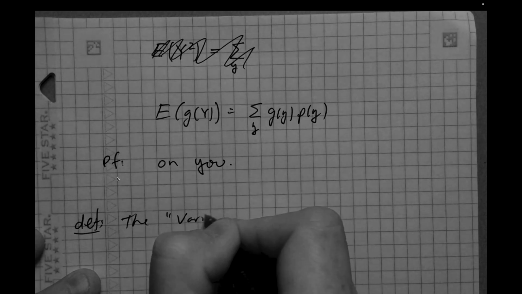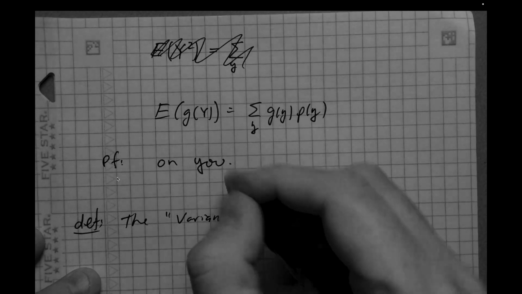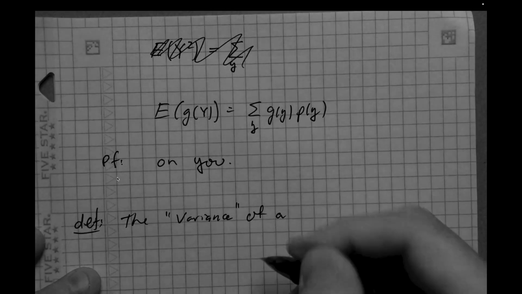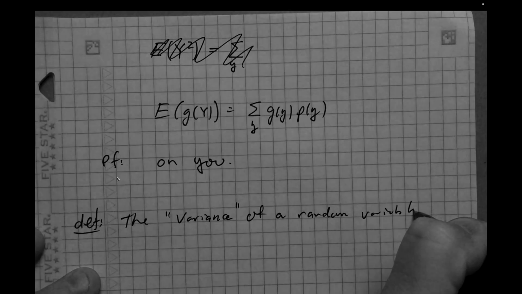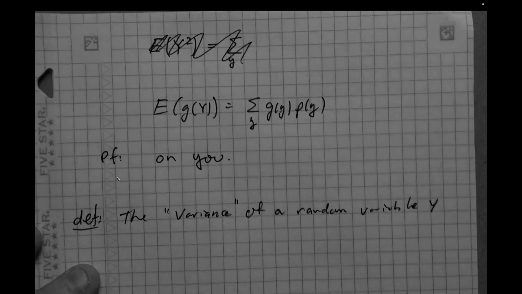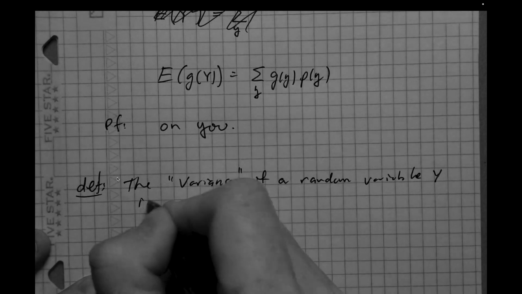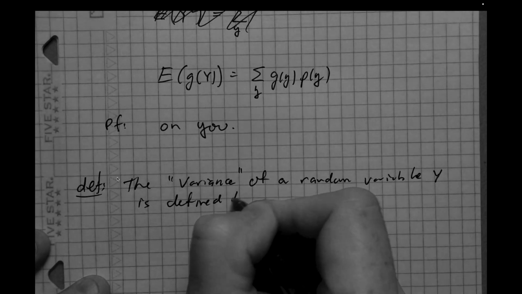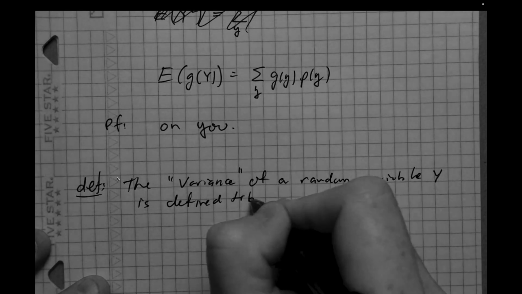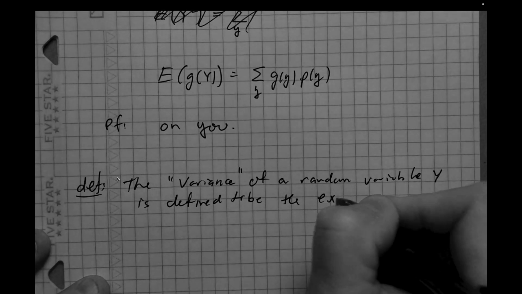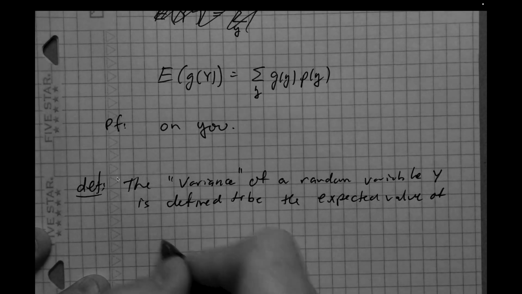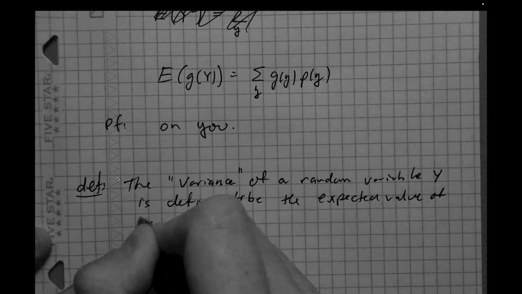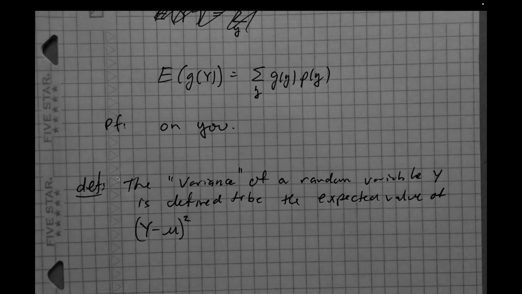So the variance of a random variable y is defined to be the expectation, the expected value of y minus mu squared, where mu is the mean of y or the expected value of y.